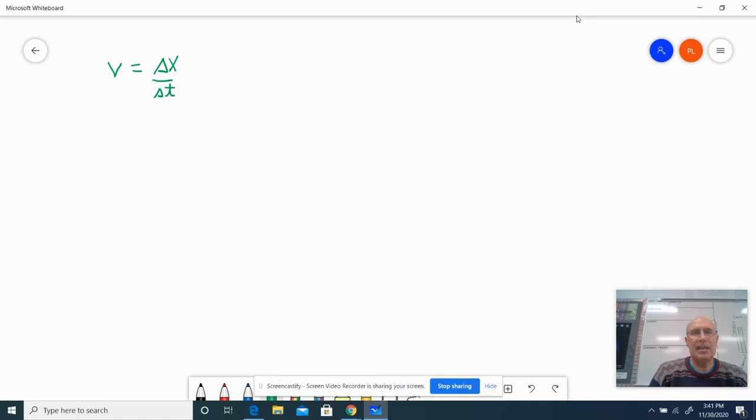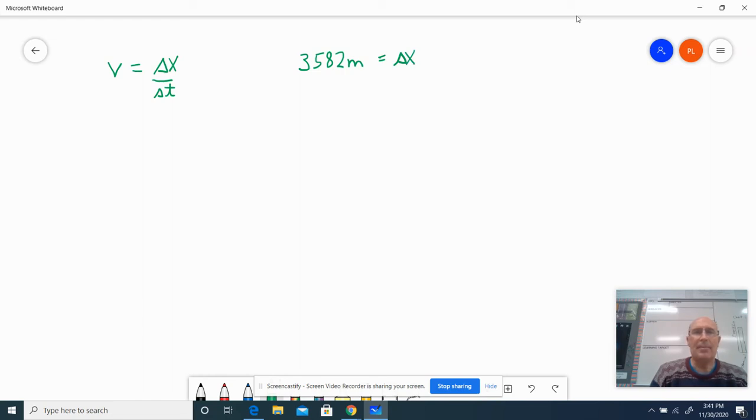Let's say that an object wants to go 3,582 meters. So that is its displacement. That's how far it wants to go.